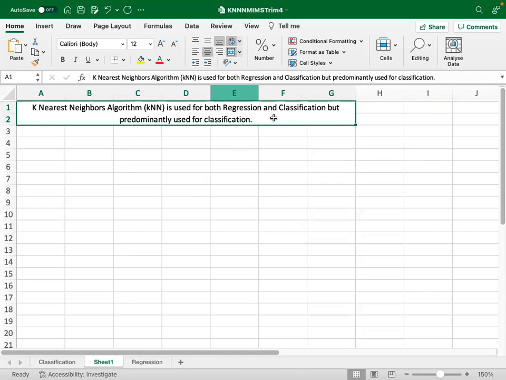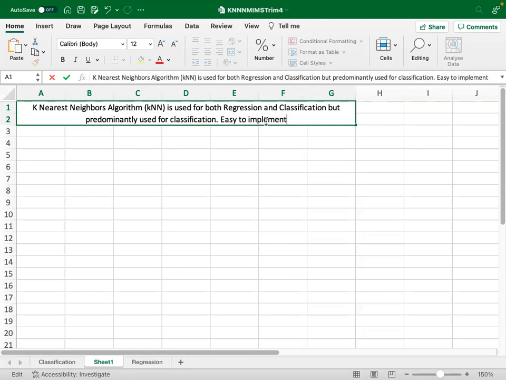K nearest neighbors is a very easy to implement algorithm.